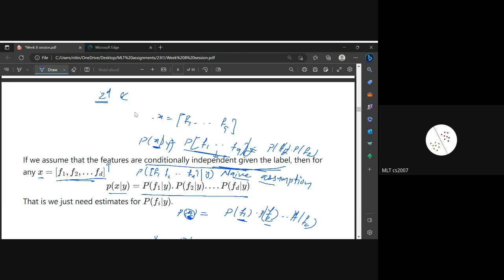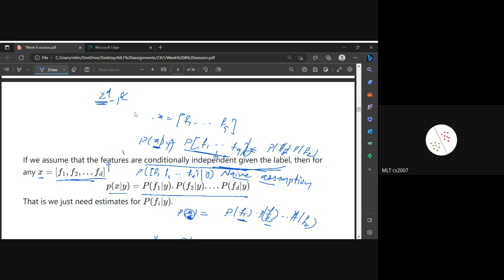Distribution means that for every data point, you know what probability it takes. So 2 raised to power d points are possible in that distribution, and for every point you need to know the probability, otherwise you don't know the entire distribution. And because all probabilities always add up to 1, we only need to estimate 2 raised to power d minus 1 parameters in that case.